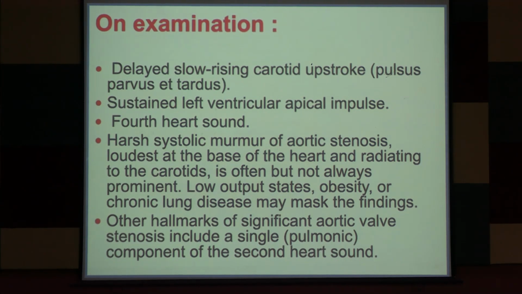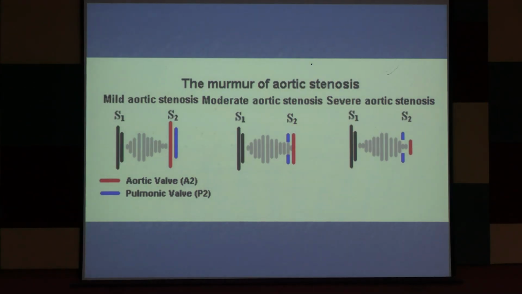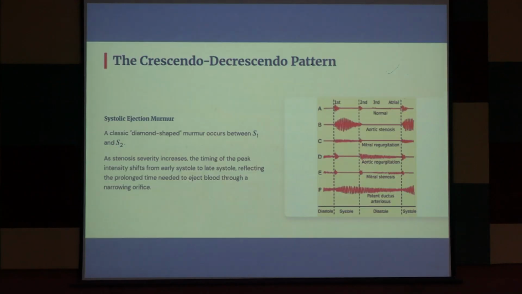Now coming to the murmur. Ejection systolic murmur, a diamond-shaped murmur, occurs between S1 and S2.